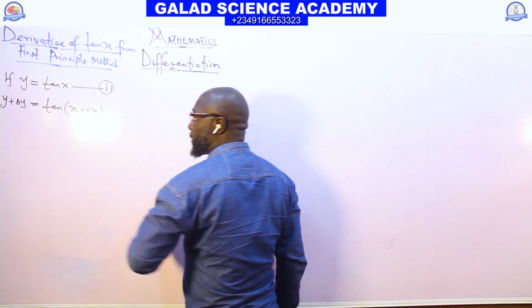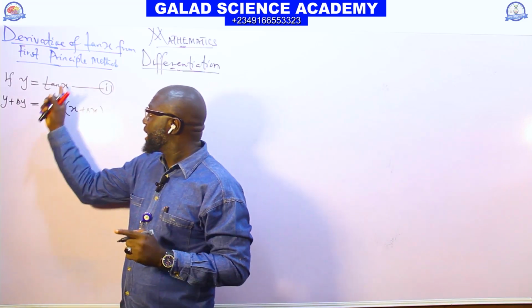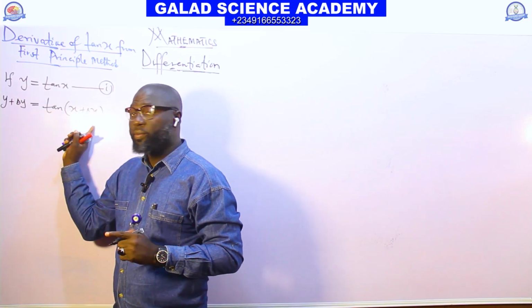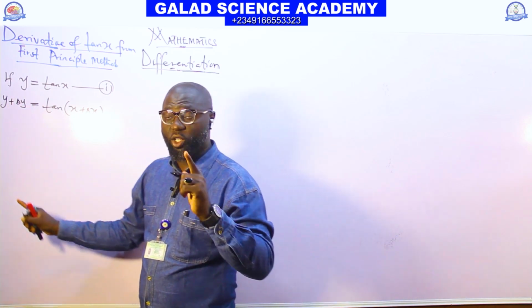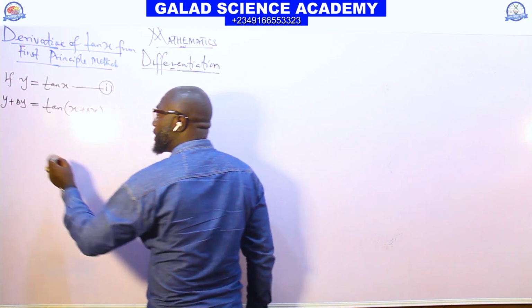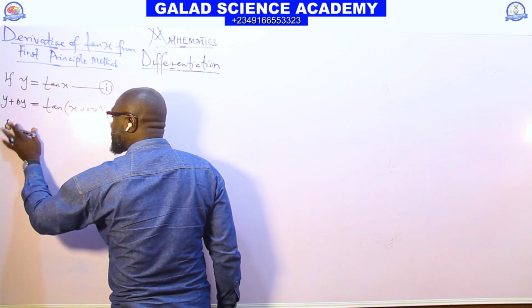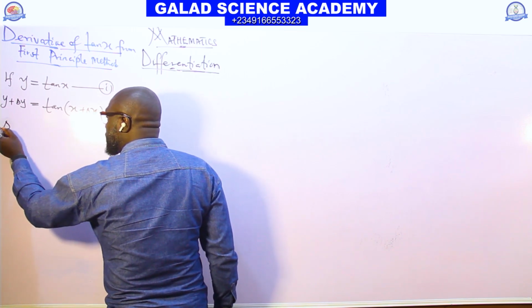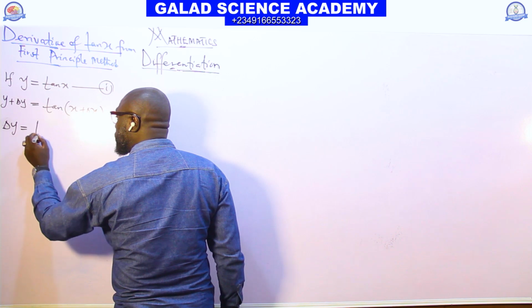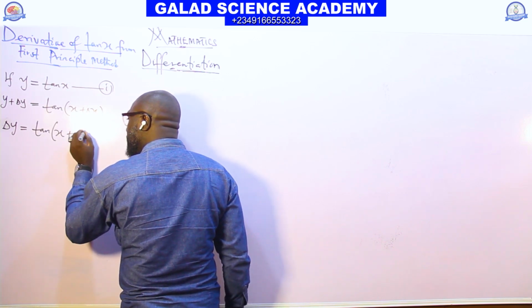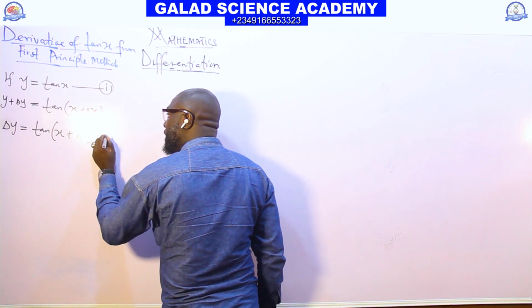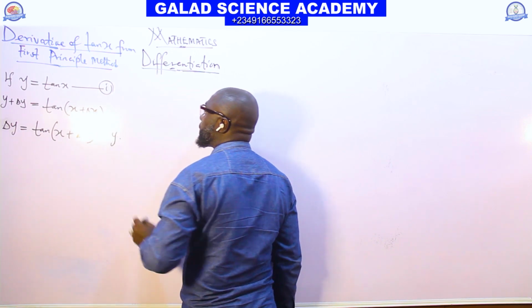From this, we have added an increment to x and y. Let's make this change in y the subject of the formula. By doing that, I'm going to have change in y equal to tan of x plus change in x minus y.